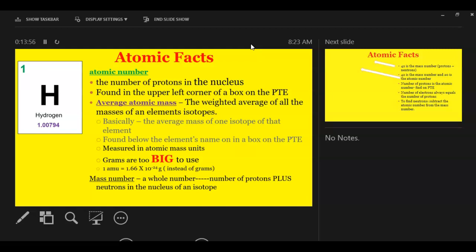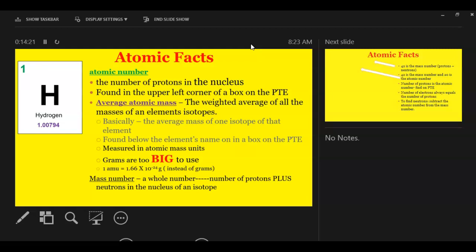So if hydrogen has one proton, how many electrons does it have? Very good. If oxygen has 8 protons, it's going to have 8 electrons. Lithium has 3 protons, it's going to have... Very good. Okay. So moving on.